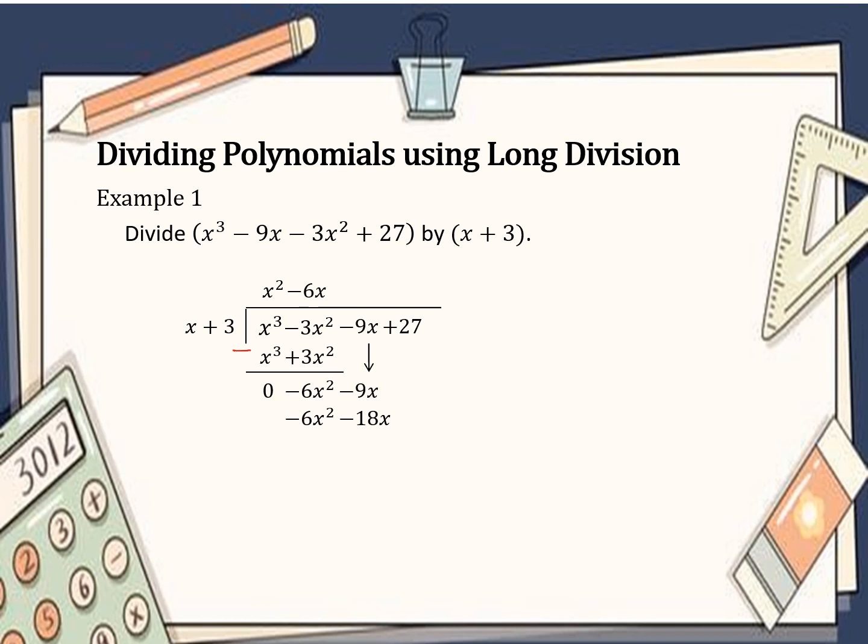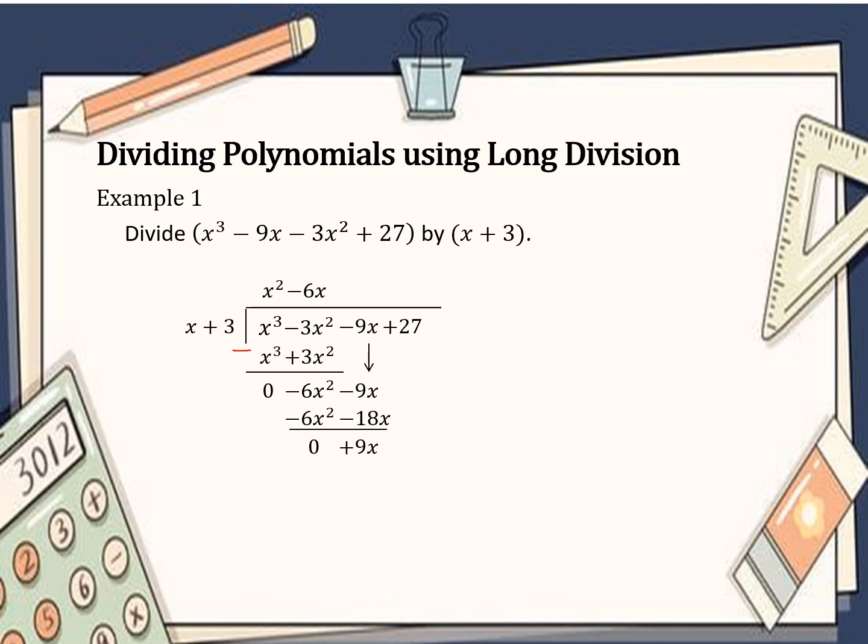Then, again, we subtract. Negative 6x squared minus negative 6x squared gives us 0, and negative 9x minus negative 18x gives us positive 9x.